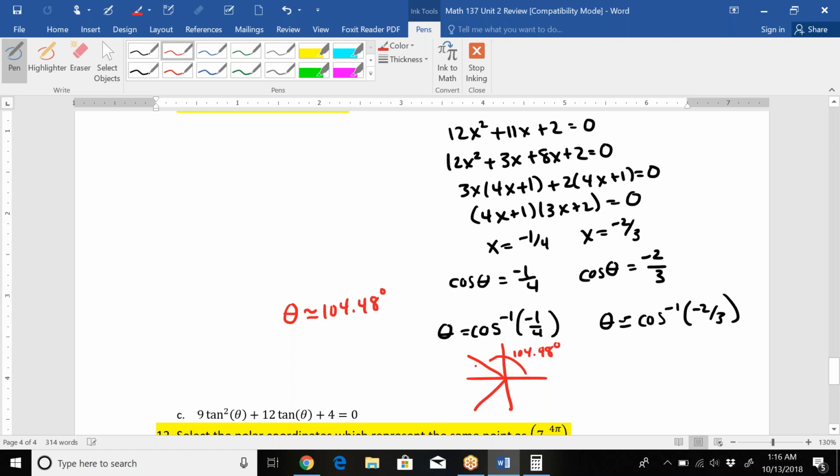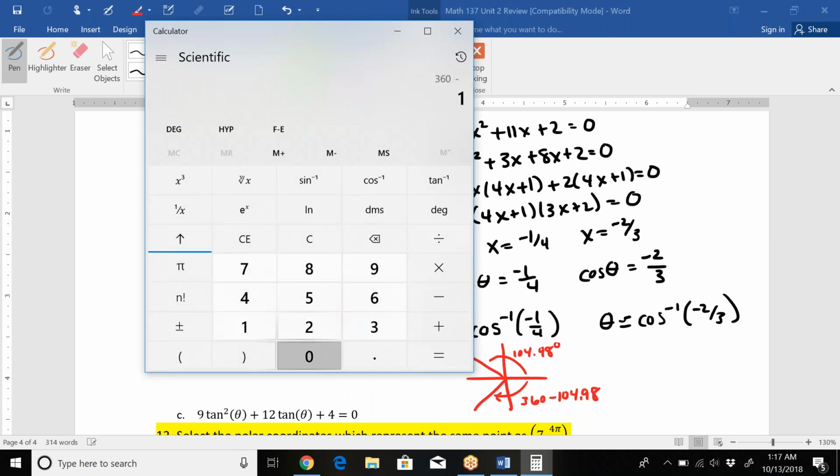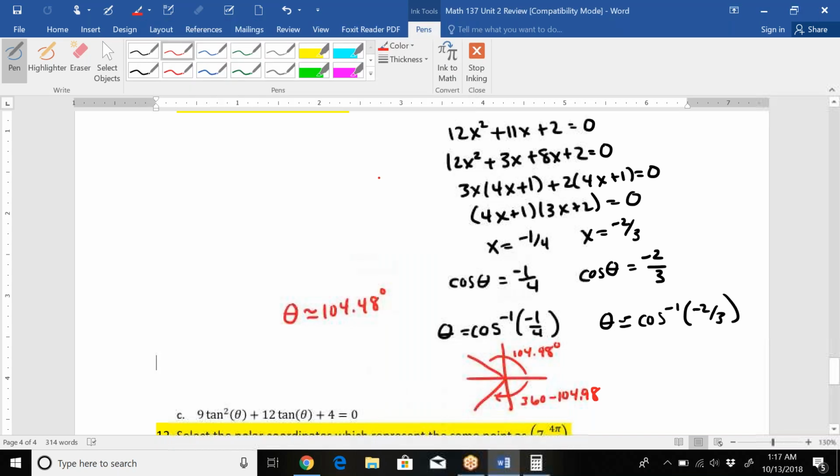You can do it one of two ways. You can find this reference angle and then add that to 180 to get down here, or because this is a cosine relationship, it is the same reflection this way. So you could do 360 minus 104.48 to figure out what this is. So 360 minus 104.48 is 255.52 degrees.